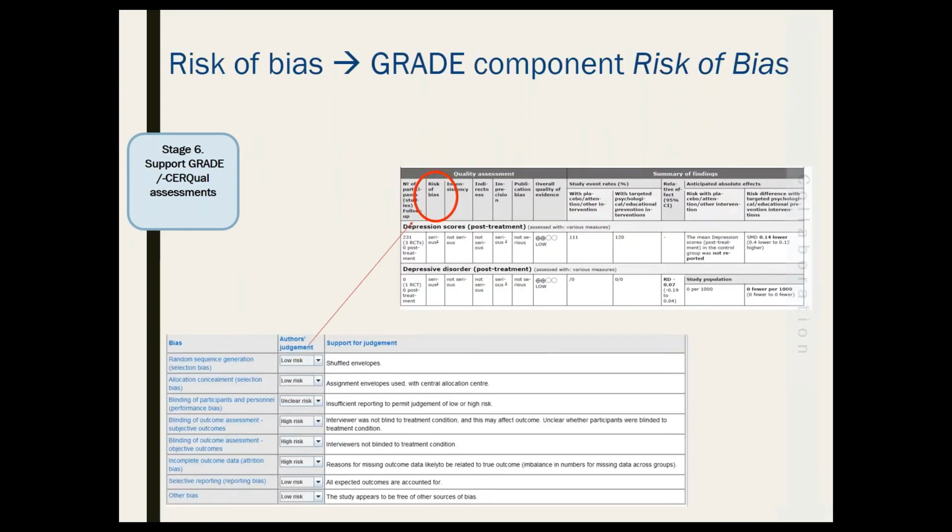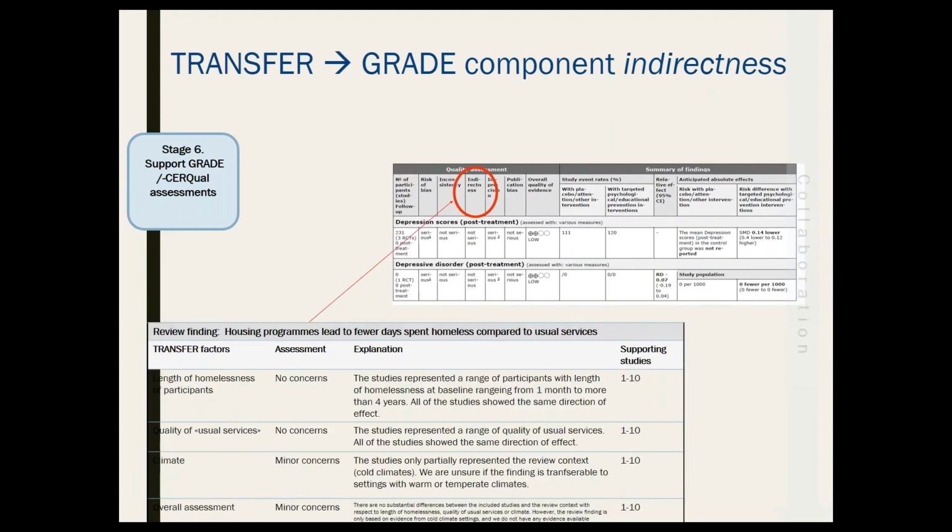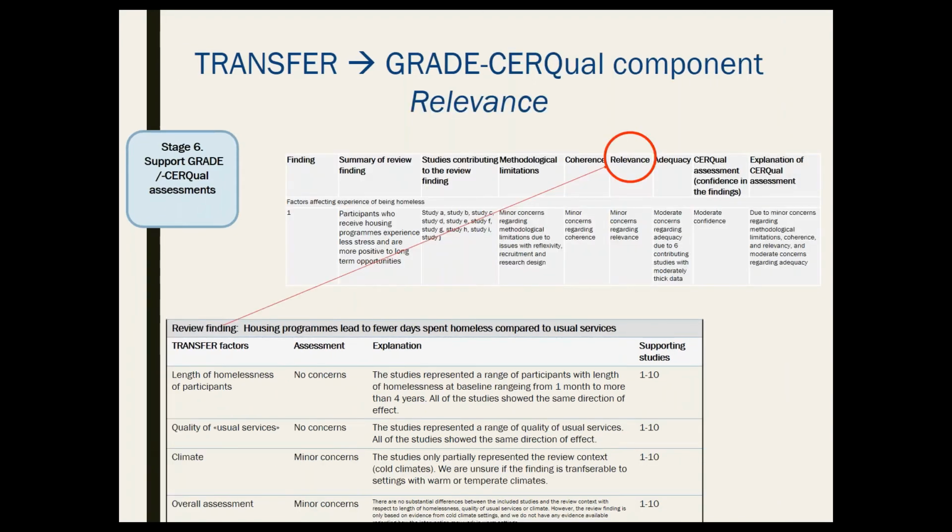Much like the risk of bias is an underlying support for the risk of bias component in the grade assessment, we hope that the transfer assessment could be an underlying table or support for making your grade indirectness assessment. So that would look like this. Similarly, transfer could support the grade CERQual component of relevance by supporting the assessment of relevance in the table.